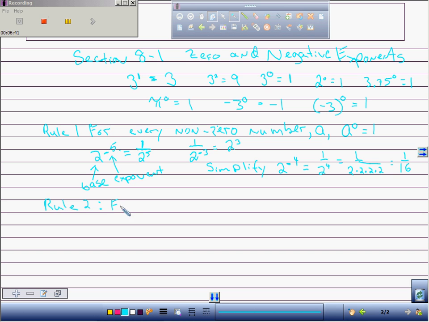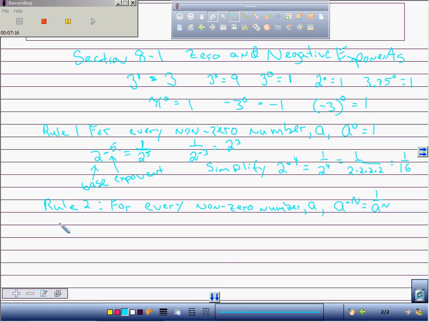It says for every non-zero number a, a to the negative n is equal to 1 over a to the positive n.